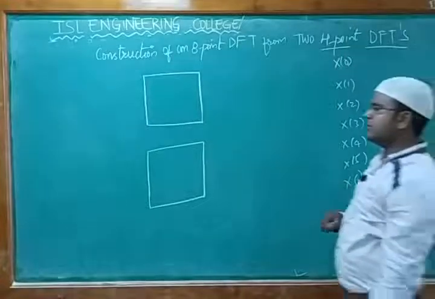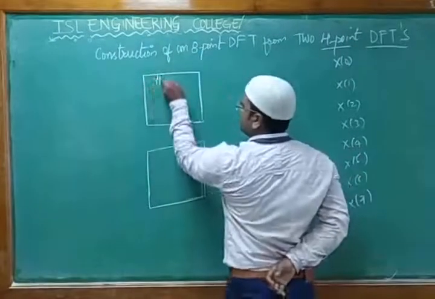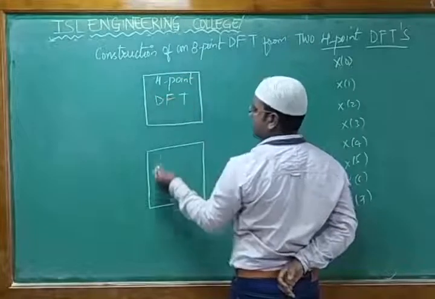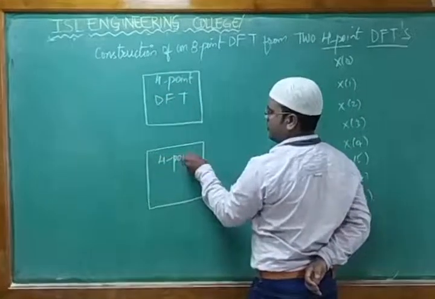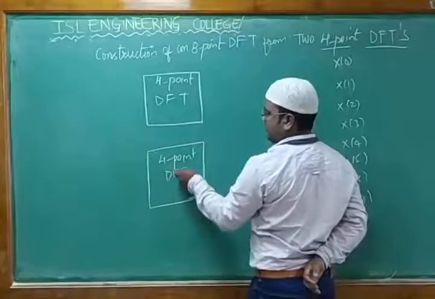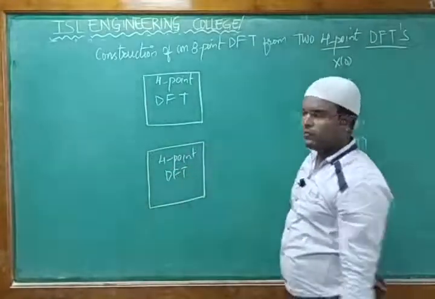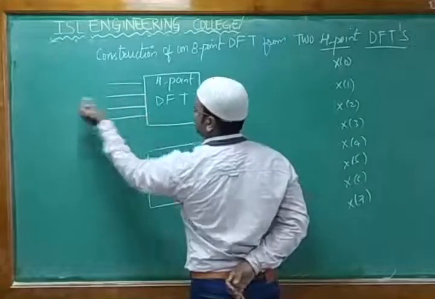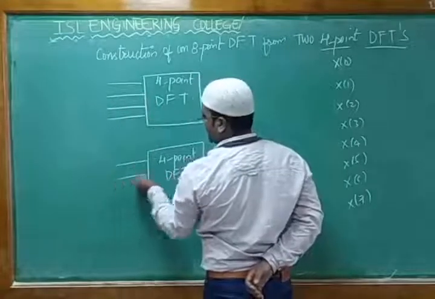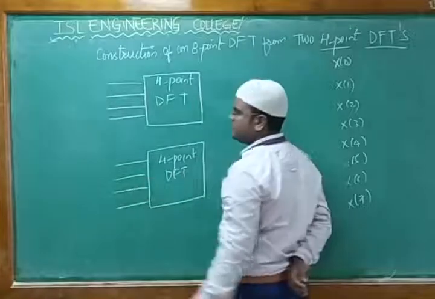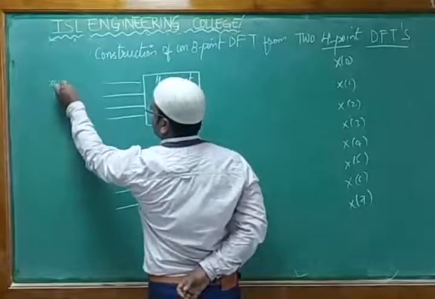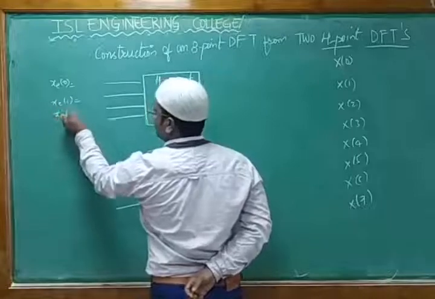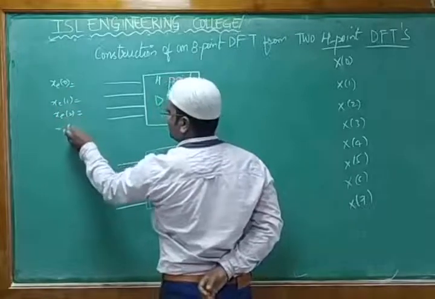So in order to do this, I am taking the 4 point DFT of the first sequence, and again the 4 point DFT of the second sequence. In this, first I am taking the even numbers, then next I am taking the odd. So the first even: XE of 0, XE of 1, XE of 2, XE of 3.